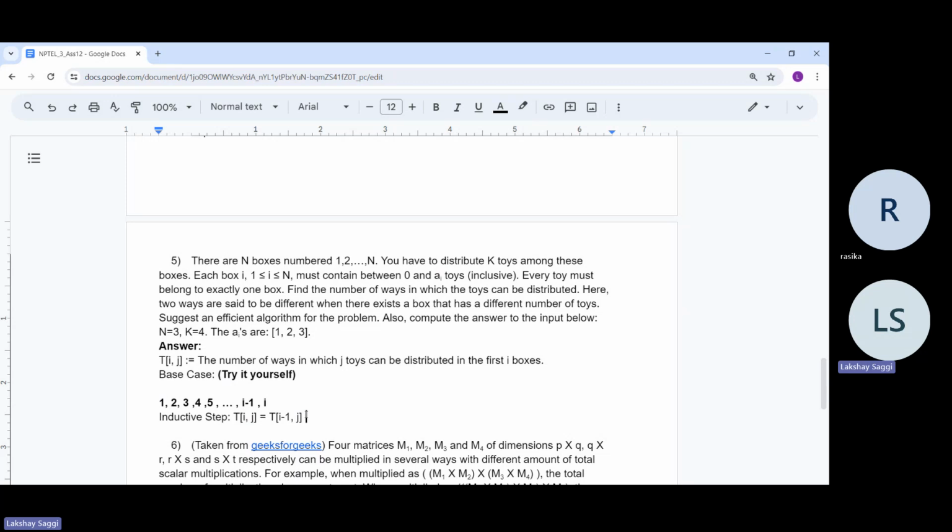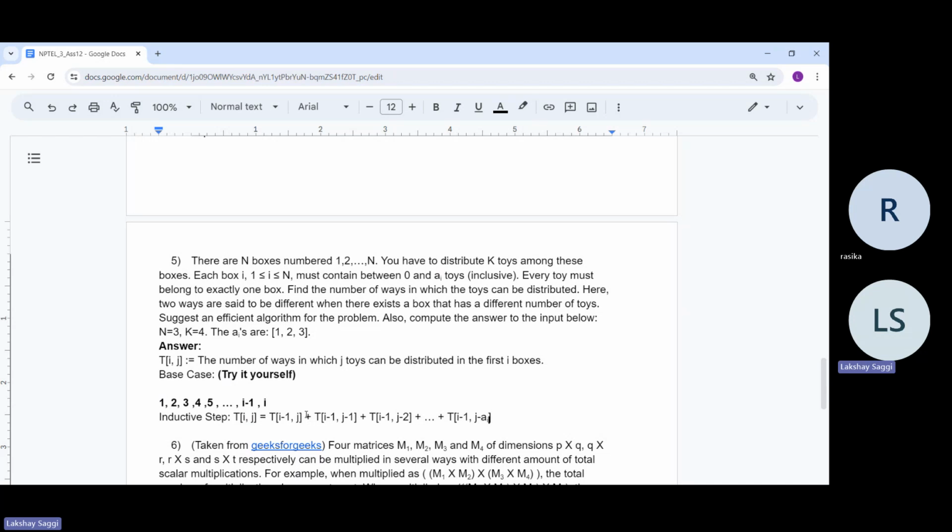So the remaining i minus 1 boxes should have j toys, plus t of i minus 1 comma j minus 1, plus t of i minus 1 comma j minus 2. So we'll be summing these up till t of i minus 1 comma j minus ai, because the ith box can have a maximum of ai toys. So it will be something like this.